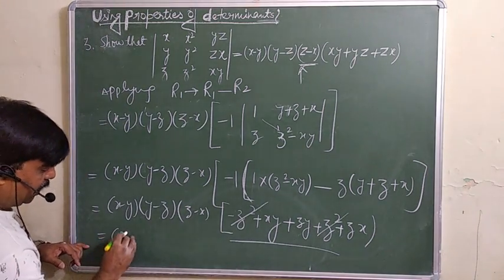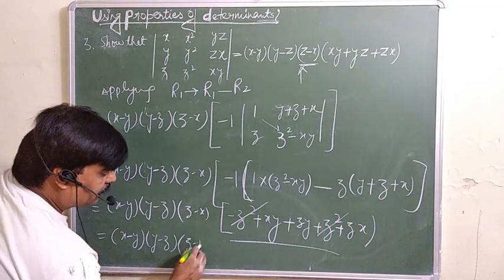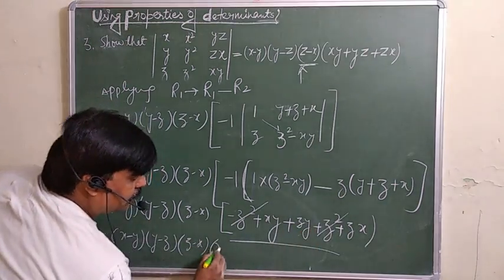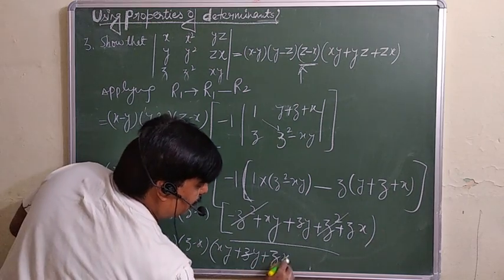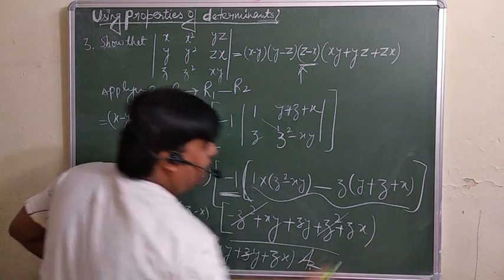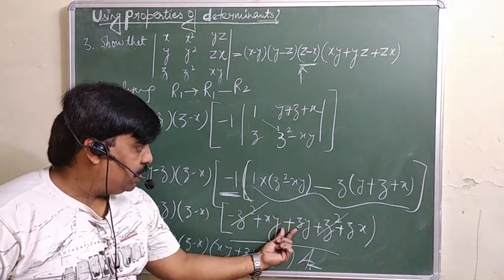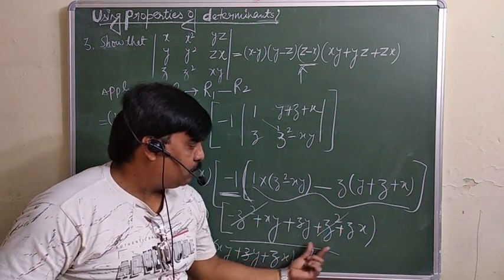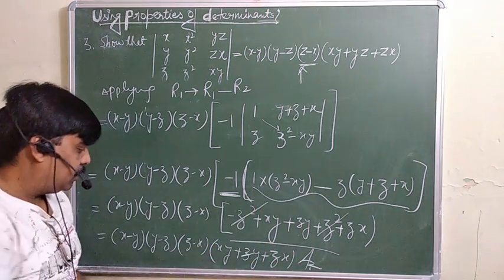So you will get x minus y, y minus z, and z minus x, and here xy plus zy plus zx, which you wanted to prove. Because of this minus, the whole sign will be changed. We multiply this one as well as this one, so minus becomes plus, so plus zy, plus zx, and this minus z square will be cancelled out. So you will get this. Have a look.